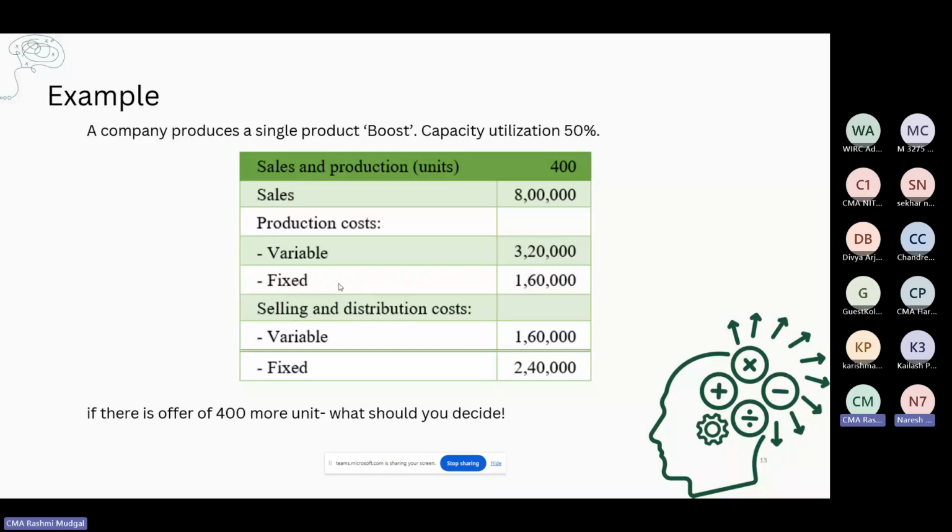I'm just saying that if the sales figure is given on a total basis, the current capacity is 40% utilization with a sales production of 400 units. Then to get the 100% utilization, you have to divide it by 40%.